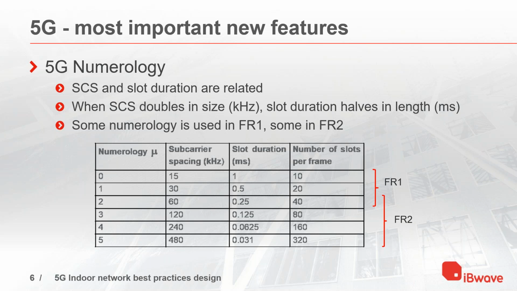If you are in that environment, you would like to hop from one user to another with more agility. So that's why it is very good to have a large number of slots per frame for that frequency and for that type of venue.